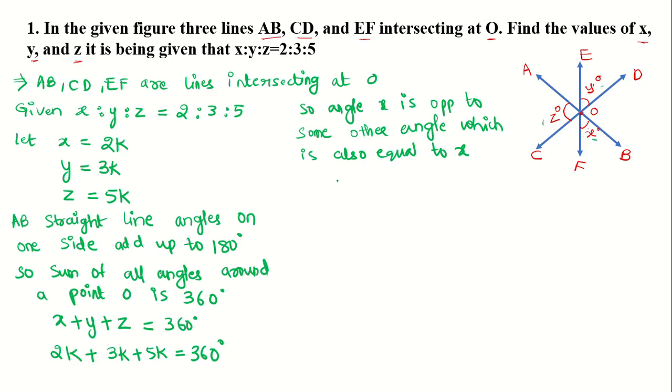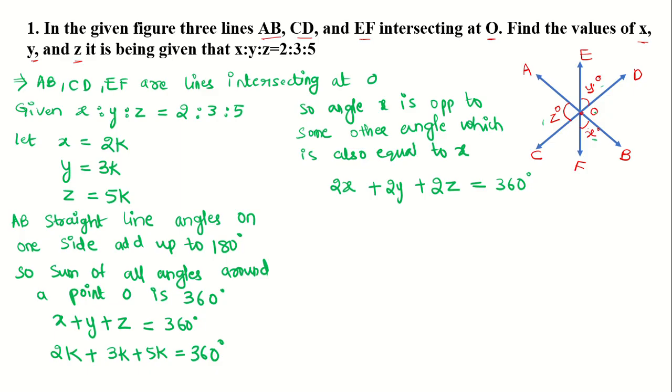Now what you'll get? You'll get 2x plus 2y plus 2z equals how much they are summing up? If we add them up, it will be 360 degrees, right? How did you get this 2x, 2y, 2z? As in the given figure, we have angle x. So the vertically opposite angle to this x, we are assuming it as also x. Similarly for y, the vertically opposite angle will be y degrees.